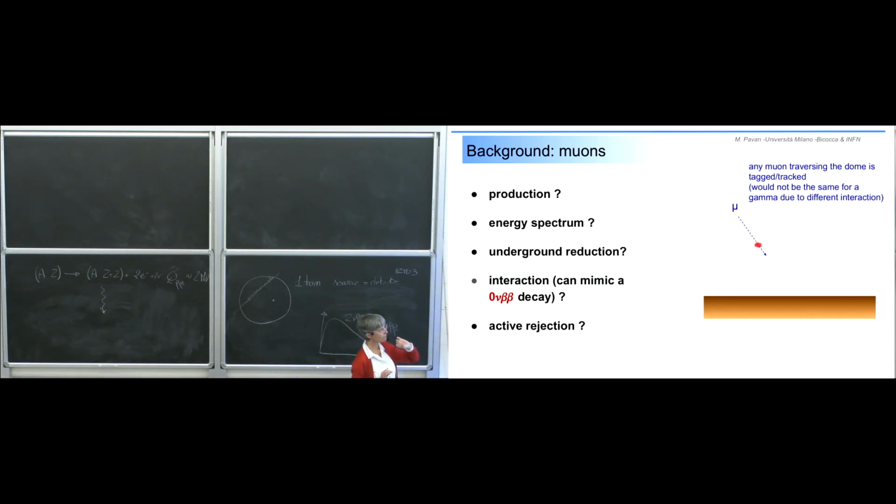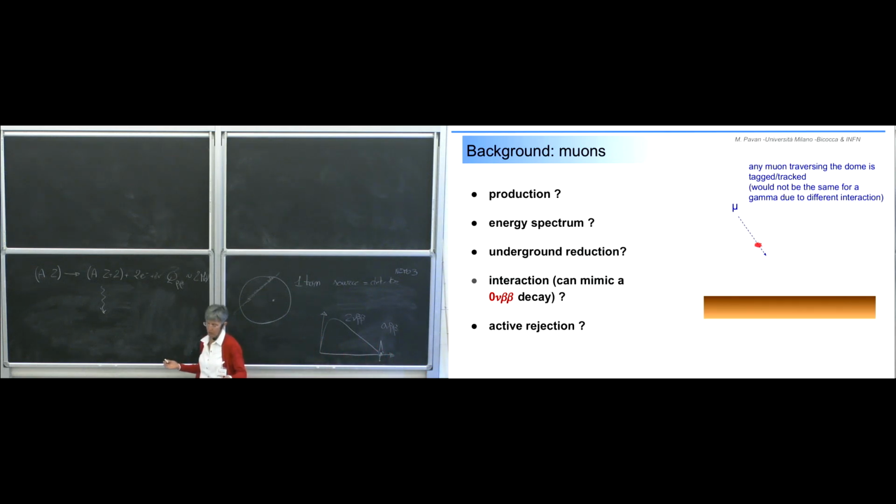So since muons have this property that they lose continuously energy along their track, I can track them. And so I can have this dome made of an active material in which the muon loses an amount of energy that is enough to get a signal. And this is often done.